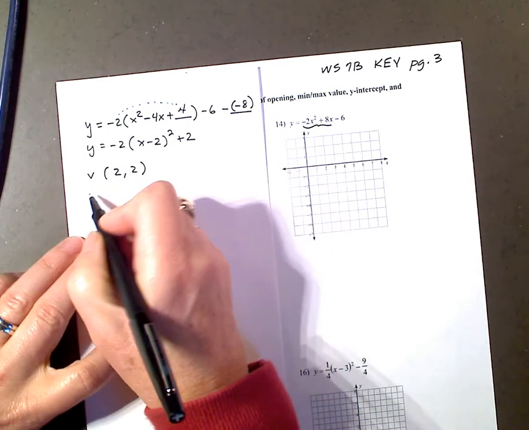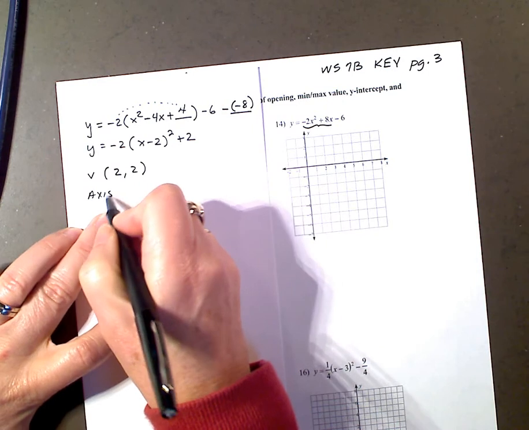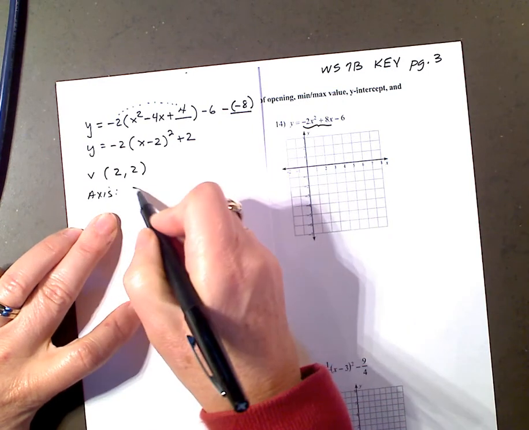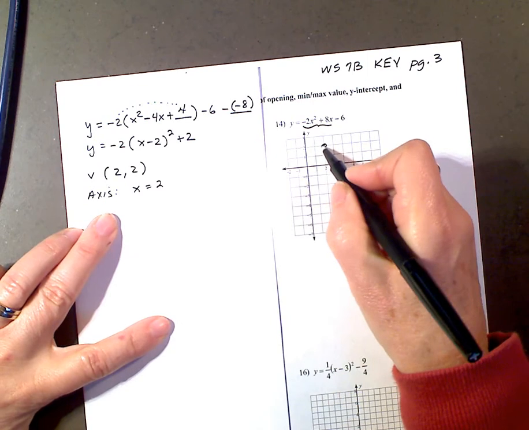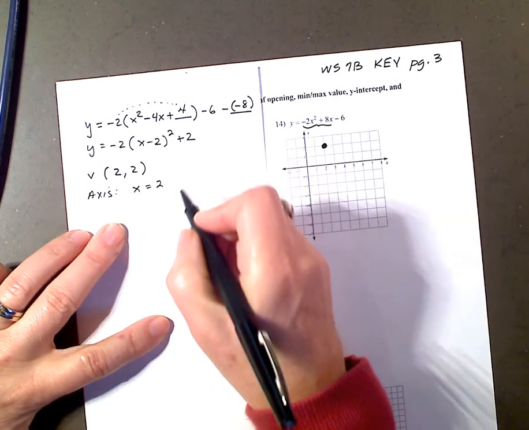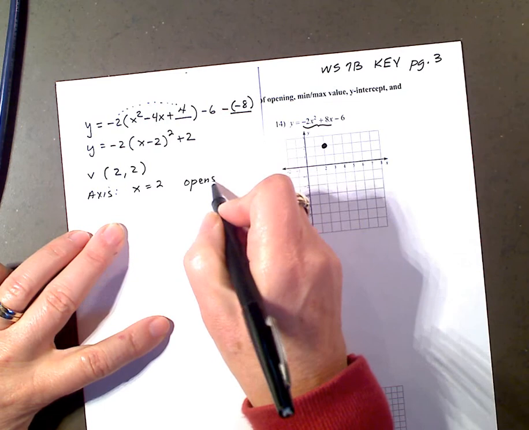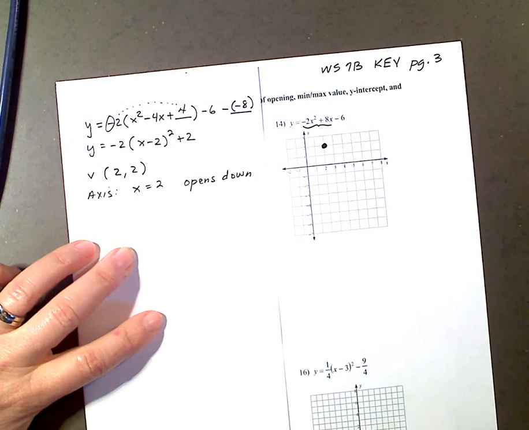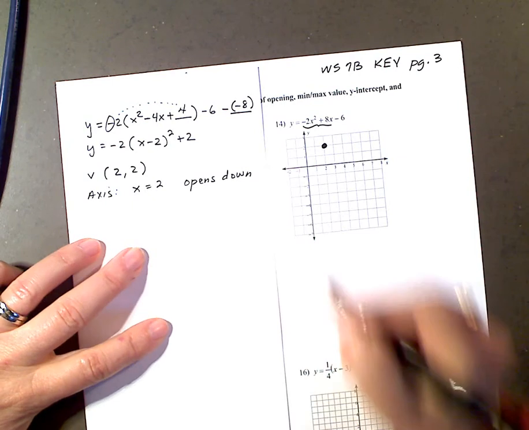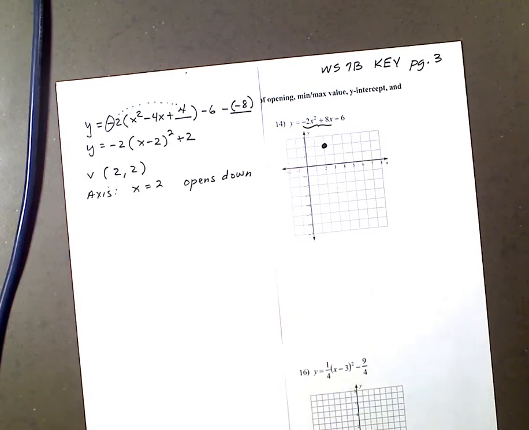My axis of symmetry is a vertical line that goes through that vertex at x equals 2. This is going to open down, isn't it? Because a is negative. So my axis of symmetry is going to go through x equals 2.